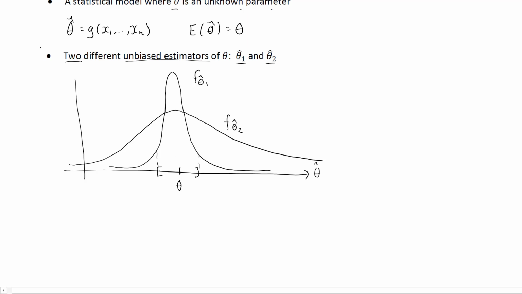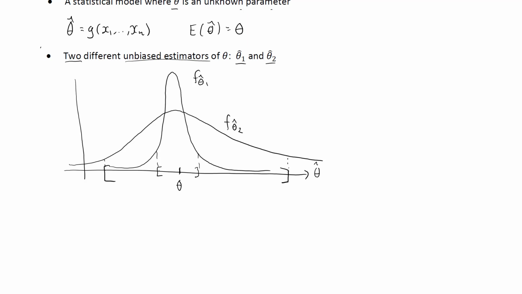That is, I'm assuming that this area here is 95% of the total area under the PDF. If I create the same interval for theta 2 hat, it will come out to be a much wider interval, since theta 2 hat has a much higher variance. So even though they're both unbiased, it's pretty clear that we should select theta 1 hat as our estimator.